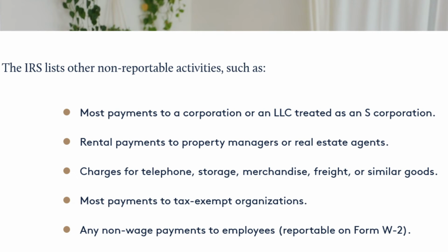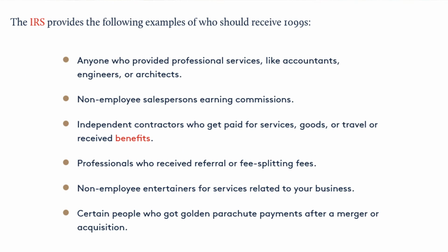1099s will be issued to individuals, partnerships, limited liability companies, or estates. In most cases, corporations do not receive 1099s, but there are a few exceptions. The IRS gives the following examples of who should receive 1099s.